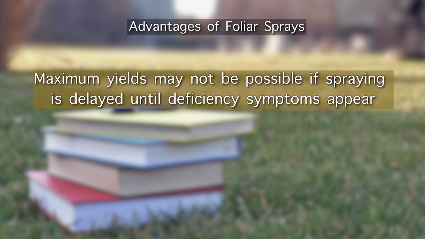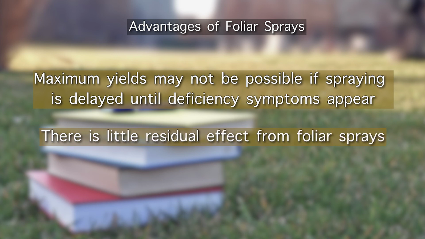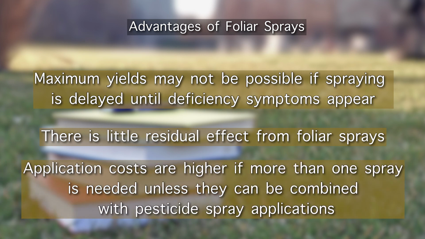Thirdly, the maximum yield may not be possible because more absorption occurs through the root, and in foliar spray the nutrients do not reach the roots. Next, there will be some residual toxicity because it remains on the leaf surface. And sometimes we mix it with additives, which increases the cost. So, though it is more effective at times, it is not always suitable for bulk production or low cost production.